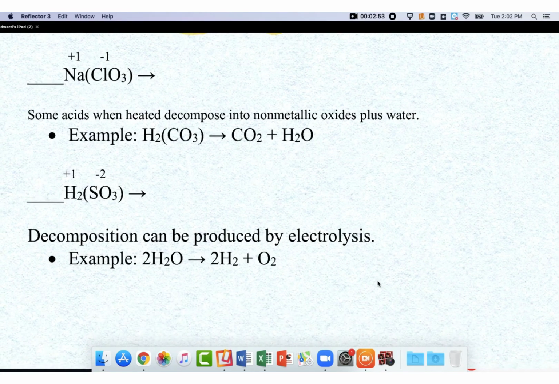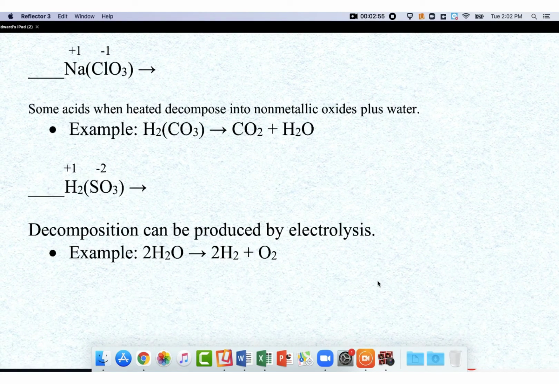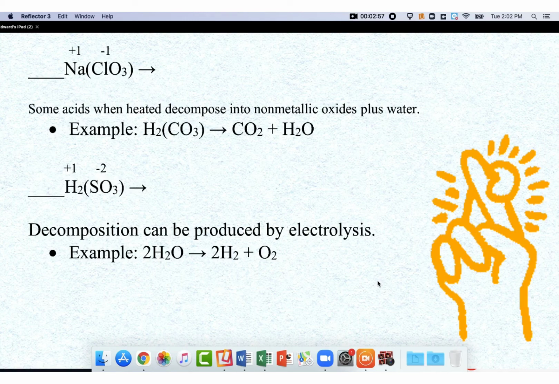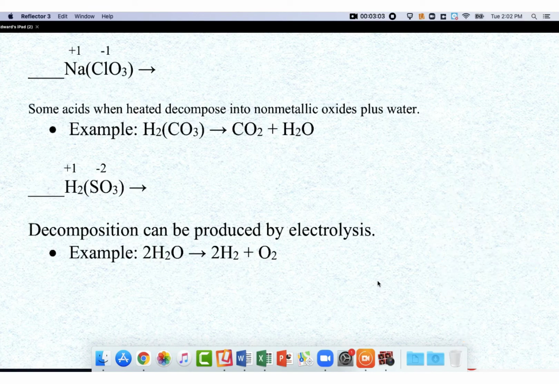And the last one is going to be when we heat some acids and they form into non-metallic oxides and water. And so right here, here's an acid. We know it's an acid because it starts with an H, and it's with a carbonate, all right?